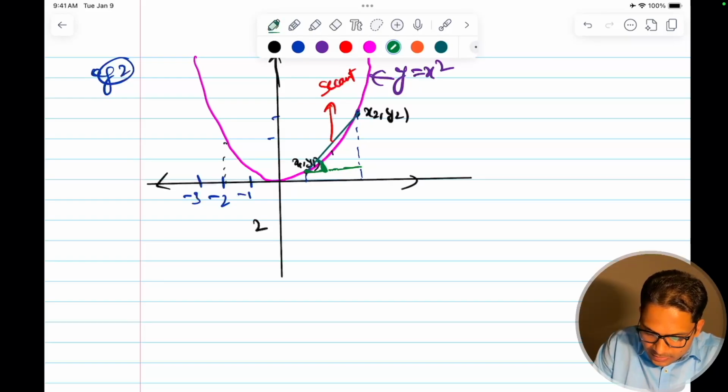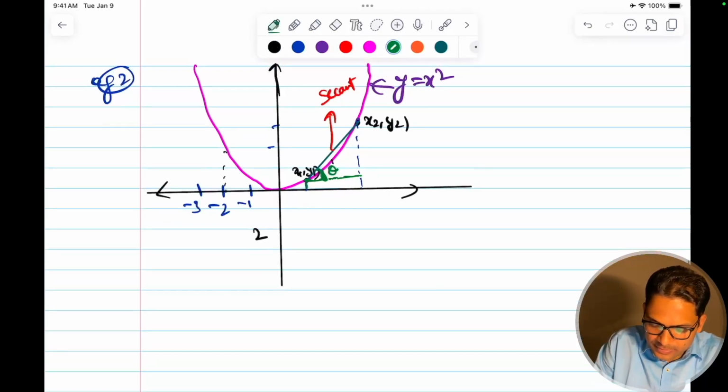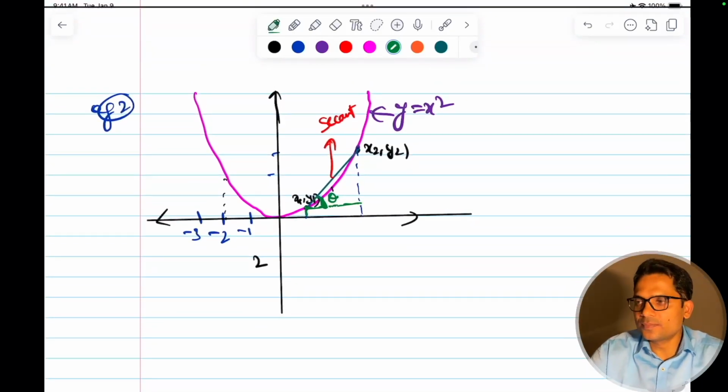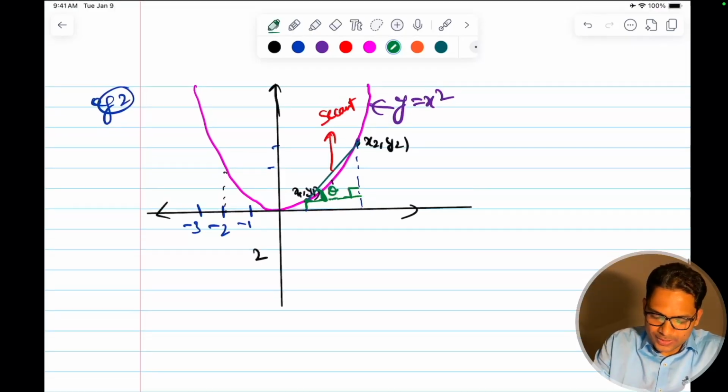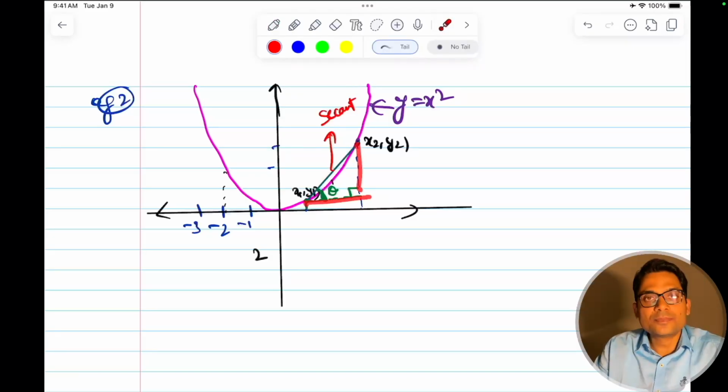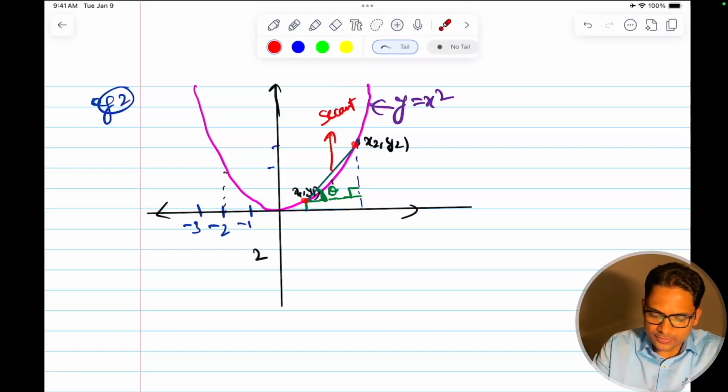So this is angle theta here. This is 90 degrees. If I want the length of the secant, this is the length of the secant. Do I know this length and this length? If I have 2 points on this curve, I draw a secant connecting any 2 points, and now I drop a perpendicular this side.